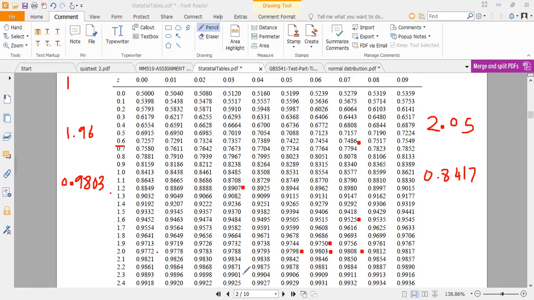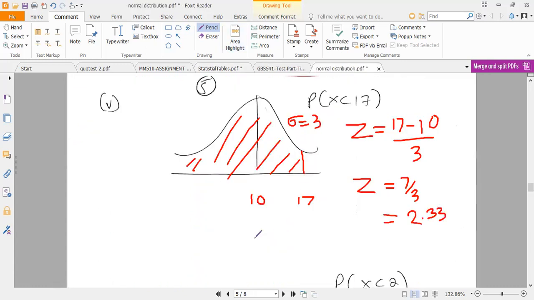0.9901. Good. 0.9901. So from here to here, 2.33 is 0.9901. So you can write x is less than 17.